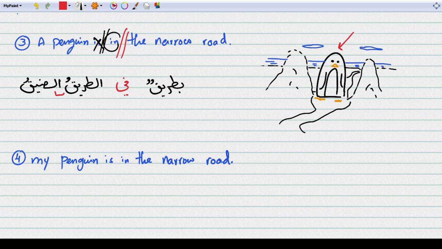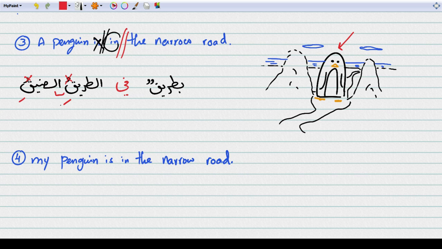So what happens now, fi, or any preposition when it comes before a noun, it changes the last short vowel to كسرة or some sort of كسرة. This is the general rule. Any kind of preposition you add, the very final letter of the next word ends with some sort of kasra.